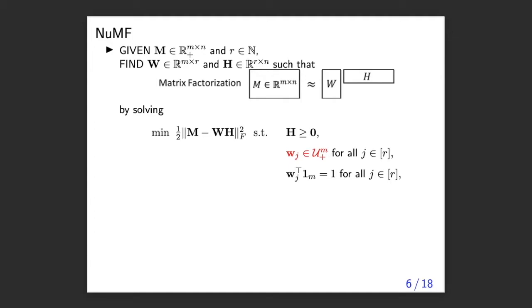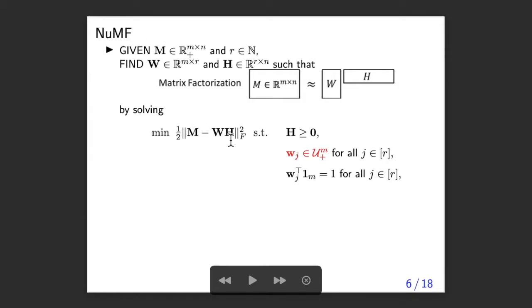Then what is NUMF? It's basically non-negative matrix factorization, NMF, with an NU constraint. So what is NMF? This is NMF. You are given a matrix M, and you want to factorize it as W times H, such that all the elements in W and all the elements in H are non-negative. So what is NUMF?